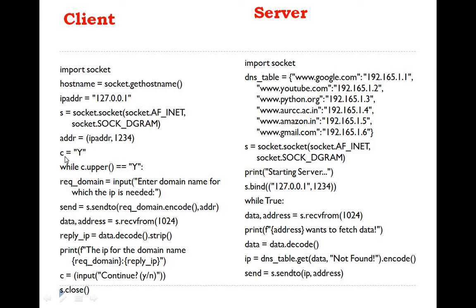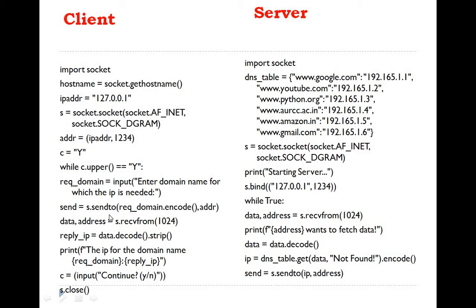Initially I'm setting the C value to be Y. This is simply for accepting the input from the user. If the user presses Y or small y, then he is interested in knowing another IP address. So first I'm getting the input domain name for which the IP address is needed from the user.